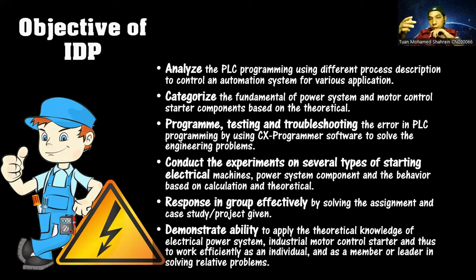Lastly, the objective of IDP is to demonstrate the ability to apply theoretical knowledge of electrical power systems and industrial motor control starters, and to work efficiently as an individual and as a team leader in solving relevant problems. This is for the higher-order thinking skill.